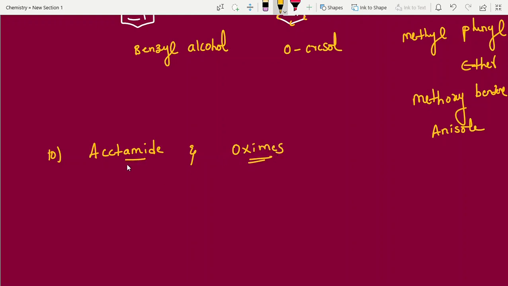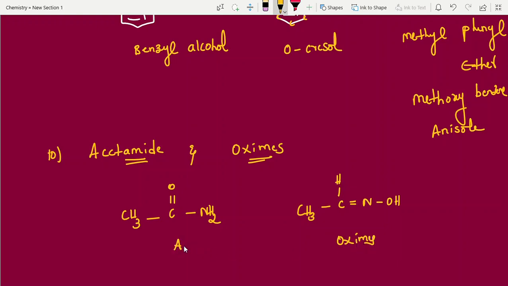Okay. Now amides. Amide group is C double bond O and NH2 group. Oximes is nothing but CH3, CH and double bond NOH. This group we call as oximes. Acetamide.